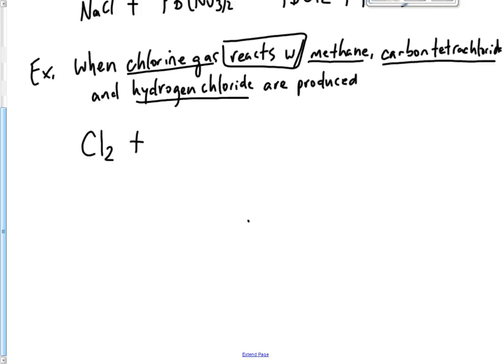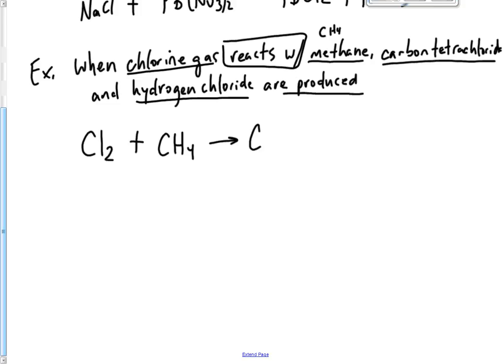And then methane. I'll give you any formulas that use common names, or we just won't use common names. But CH4 is methane. Then it says when it reacts with methane, carbon tetrachloride and hydrogen chloride are produced. So those things are what's being produced, so those come after your arrow.